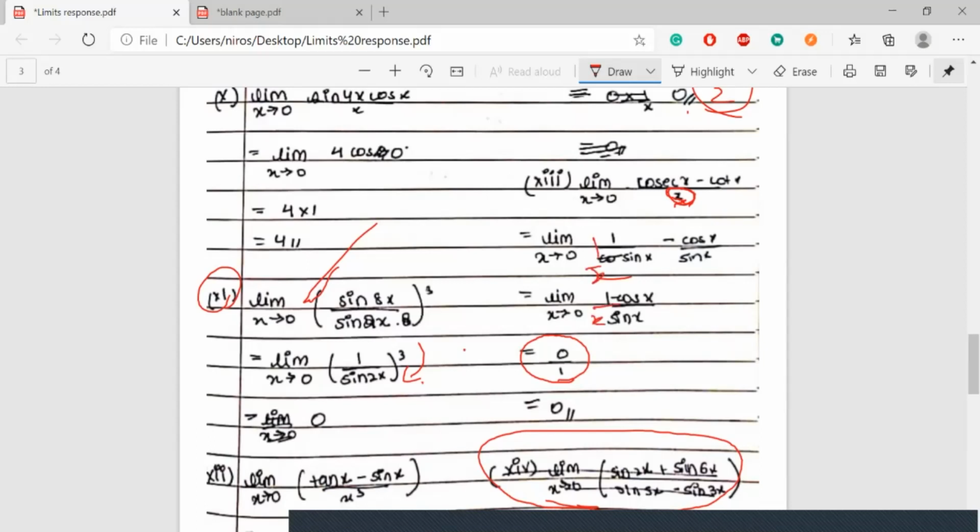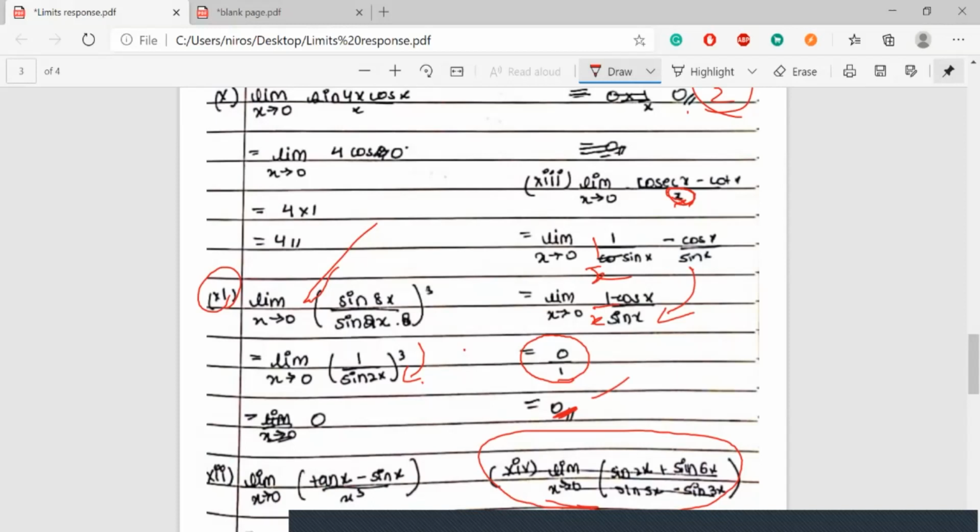You will get 1 minus cos x by x and 1 by sin x. Next, if you solve, although the answer comes as 0, the answer is correct, but you just left that x.